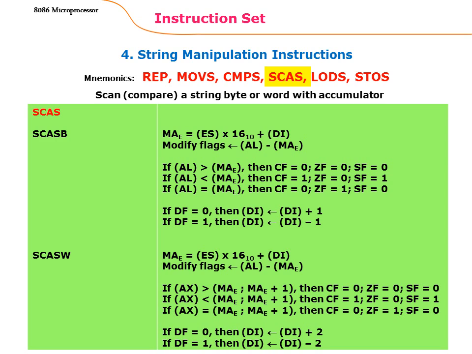If DF is equal to 1, then DI is DI minus 1. If we are performing the scan operation for a word, then if DF is equal to 0, DI is incremented by 2, and if DF is equal to 1, it is decremented by 2.